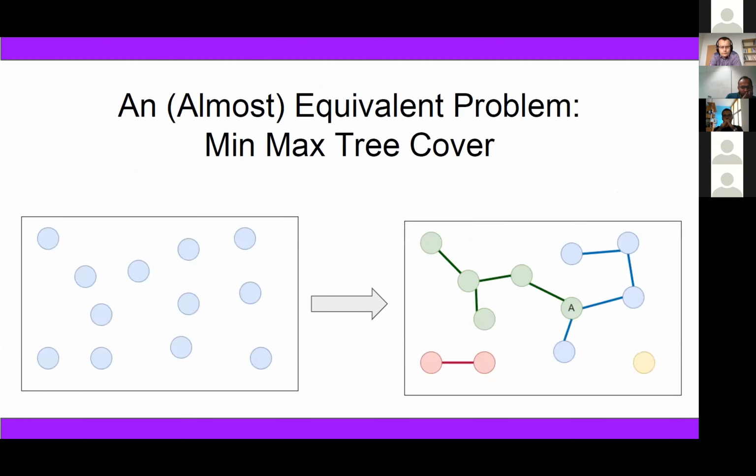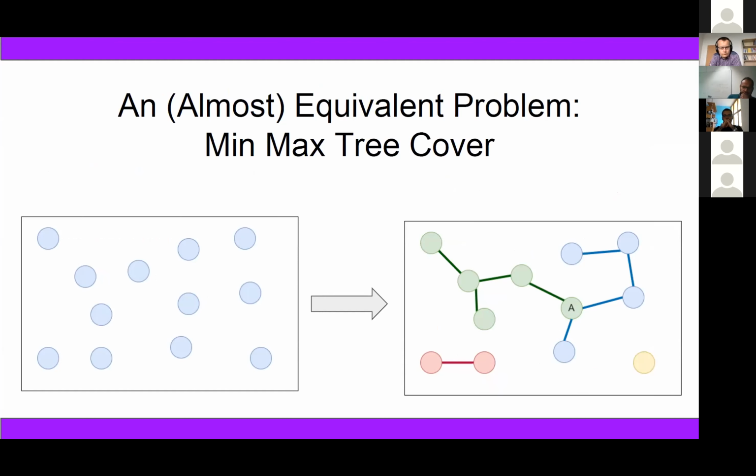What I'm going to talk about is not exactly the vehicle routing problem, but a close ally of that problem, which we call the min-max tree cover problem. The setting is very similar. I have just removed the depots or the routes, so that it's simpler to explain.